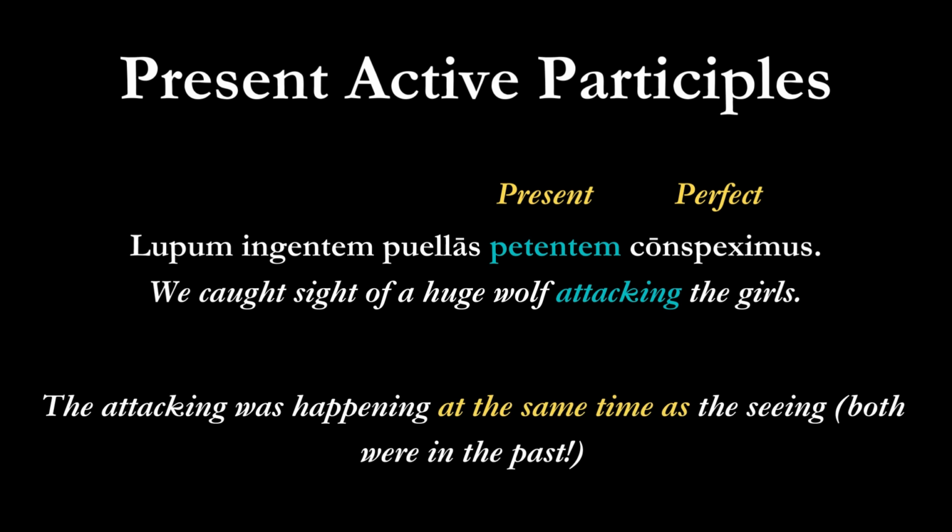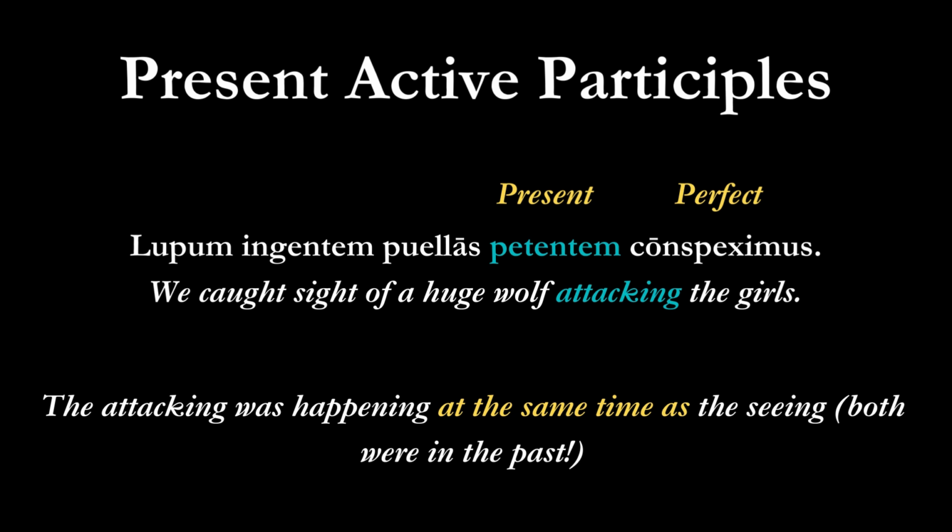So let me show you an example here, right? If we go back to that example we had of lupum ingentem puellas patentem conspeximus, conspeximus is perfect tense, right? So it's in the past, okay? Patentem is a present participle. Now that should look a little weird at first glance. You're like, wait a minute, the wolf is attacking someone in the present, but we saw them in the past. What's happening here?